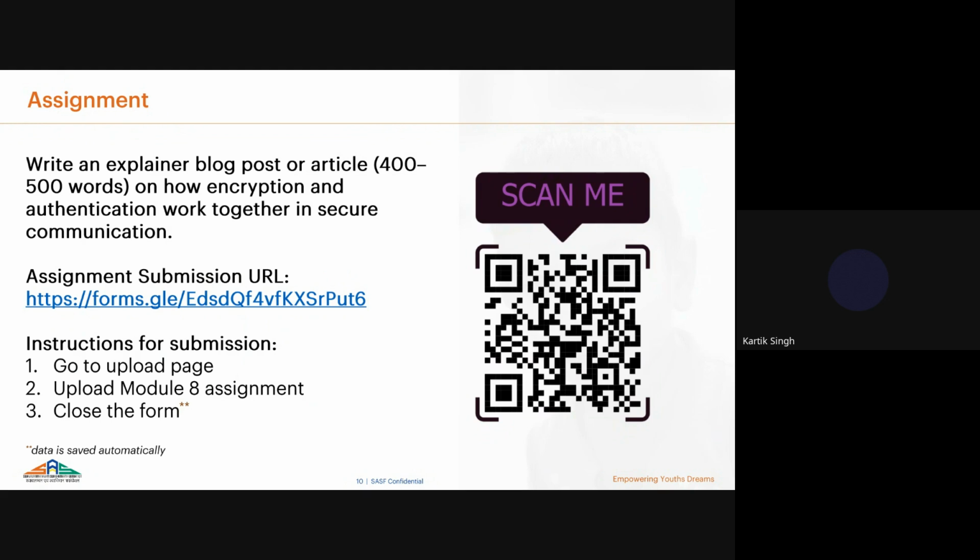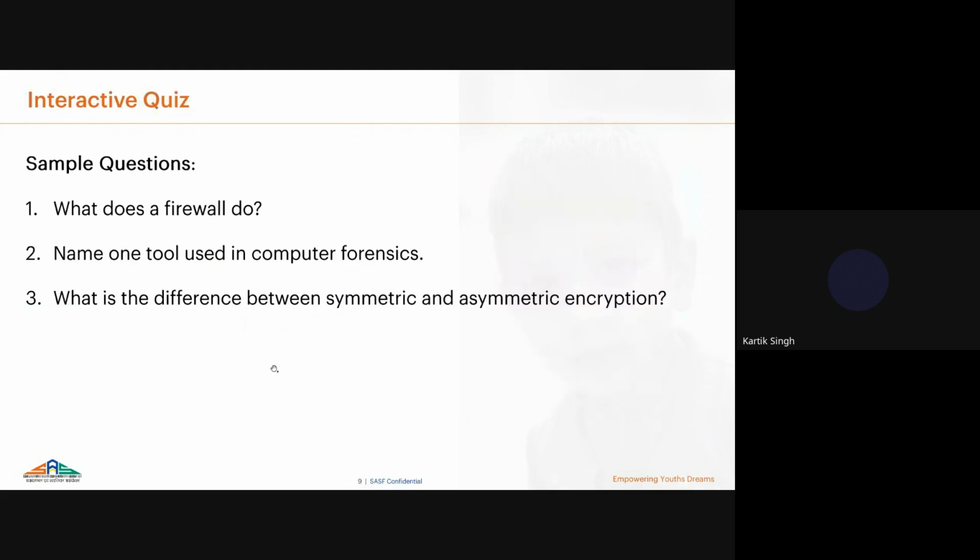You have to complete your assignment and upload it on this form's link, or you can scan this QR code. The form will not submit until you have uploaded all 10 assignments. We are on module 8, so upload your module 8 assignment and close the form. Now, let's move on to our quiz round.